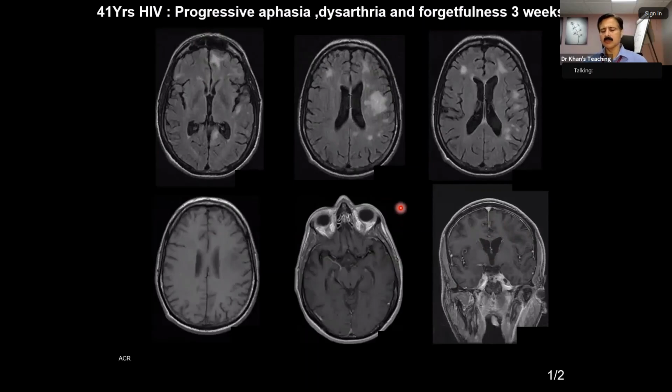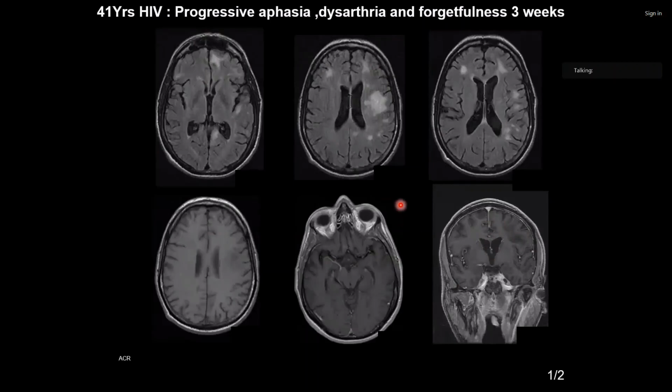Over to you. Sure. So there are multifocal patchy confluent signal alterations, mainly involving the white matter, most marked in the left cerebral hemisphere. I'm just trying to see whether the subcortical white matter is involved in this case. I can see some areas involving the subcortical white matter as well.